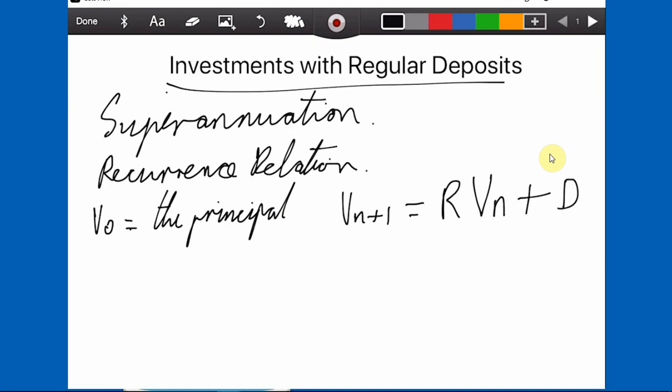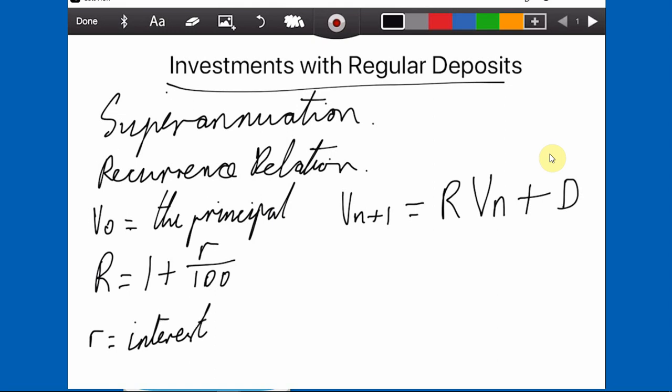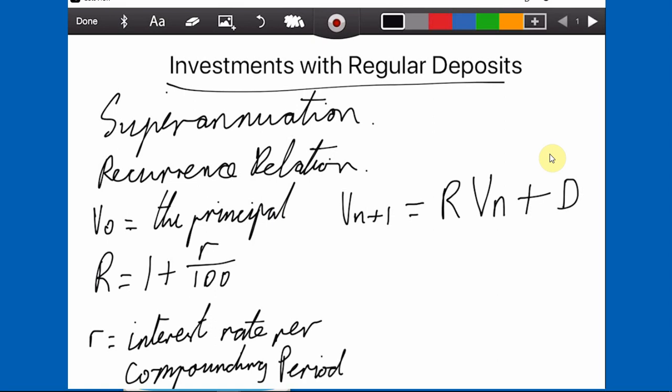And so big R is this relationship, which hopefully should be reasonably familiar, 1 plus little r on 100. And little r, of course, is the interest rate per compounding period. All right.